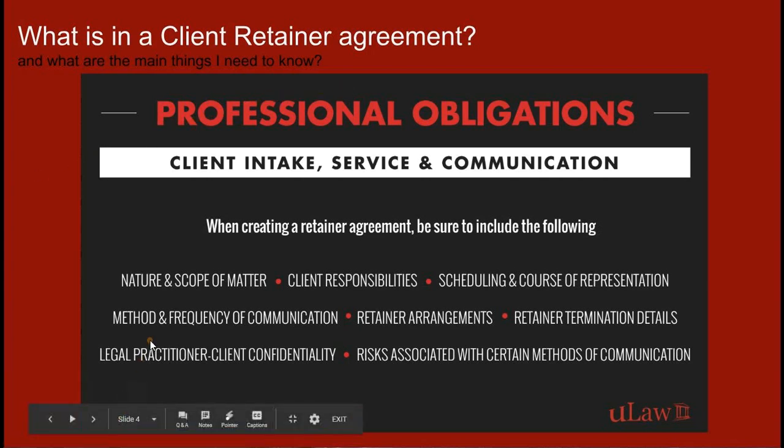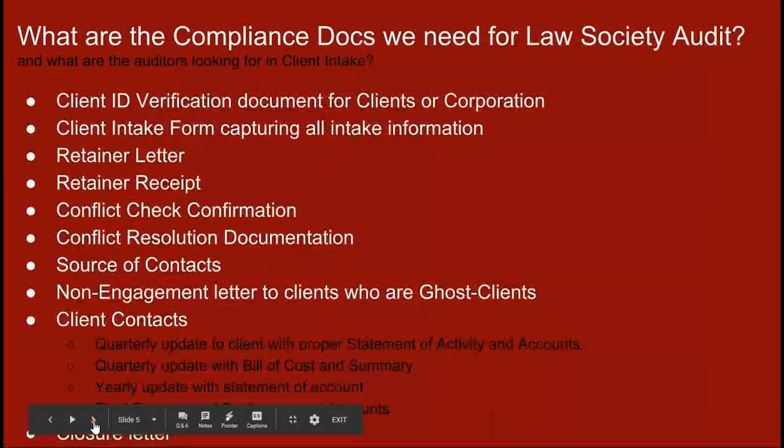Okay, and last but not least, we spoke about, if you can, outlining or talking to your client about the risks involved in sending out an email, or utilizing certain types of methods of communication.